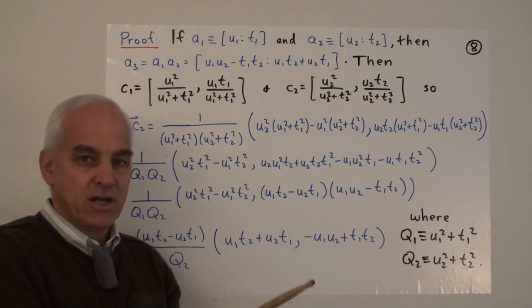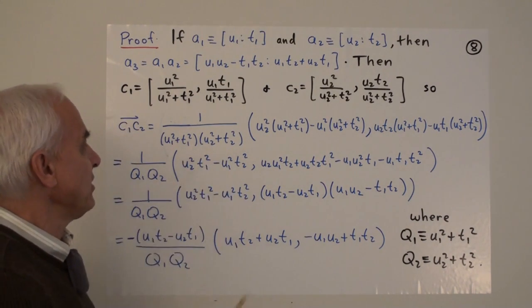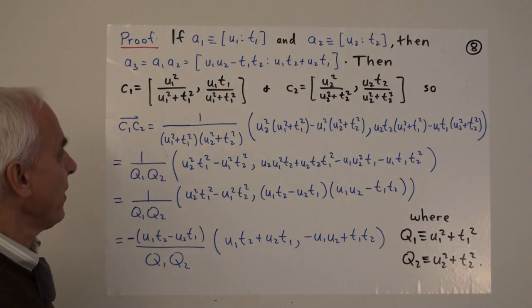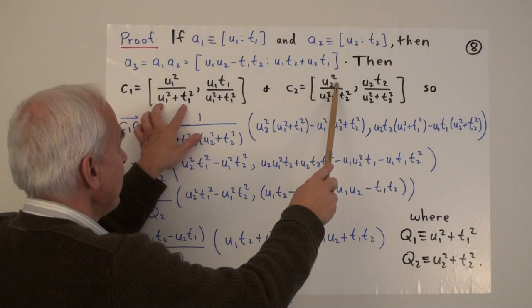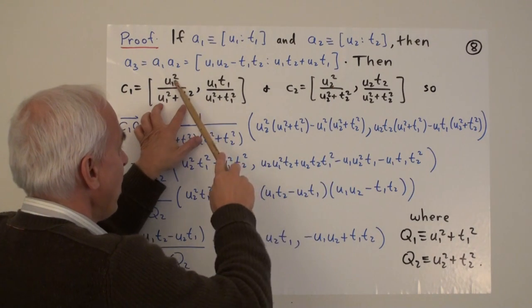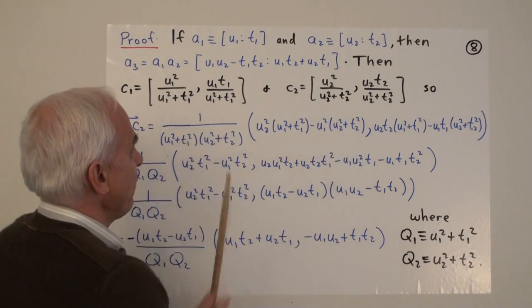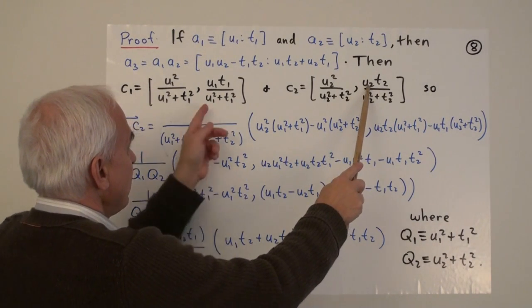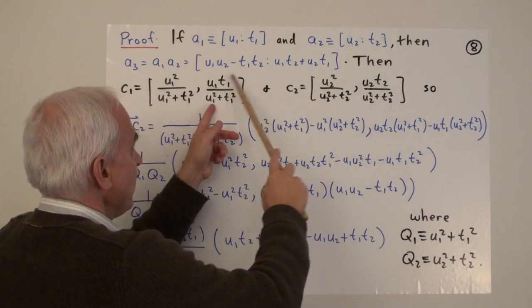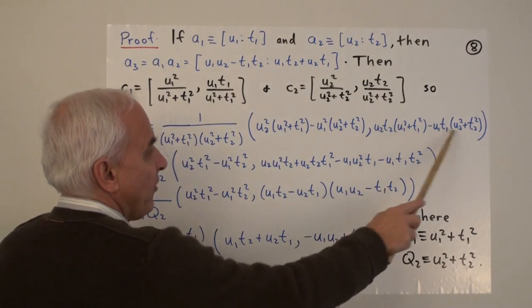We're going to have to get that common denominator, so let's take it outside just to begin with. And then we have to take this thing times this one minus this one times this one in our first coordinate, and correspondingly this times the denominator here minus this times the denominator here in the second coordinate.